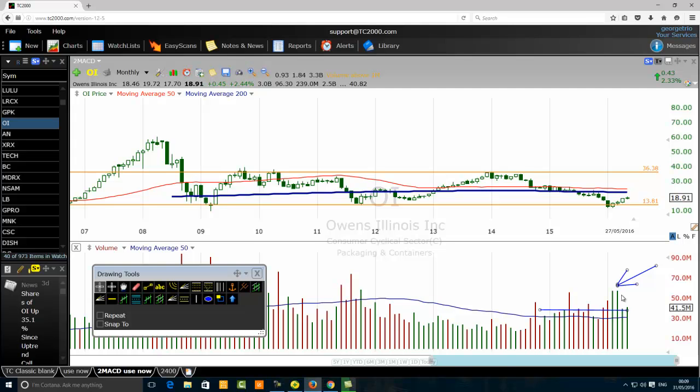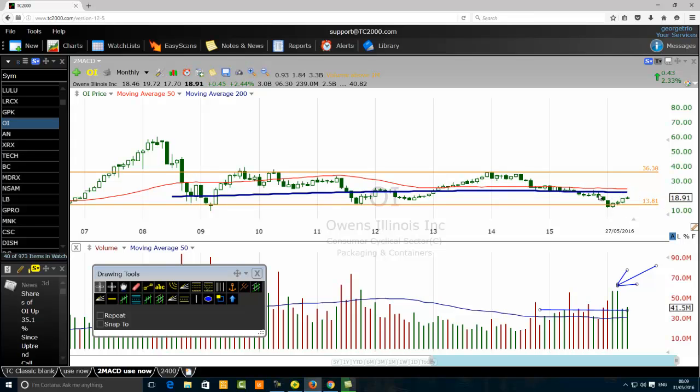Traders want to buy stocks above the moving average 200, especially on the daily chart, and they want to sell stocks that are below their daily moving average 200. However, I'm not on the daily chart today. I'm on the monthly chart, but the same rules apply.